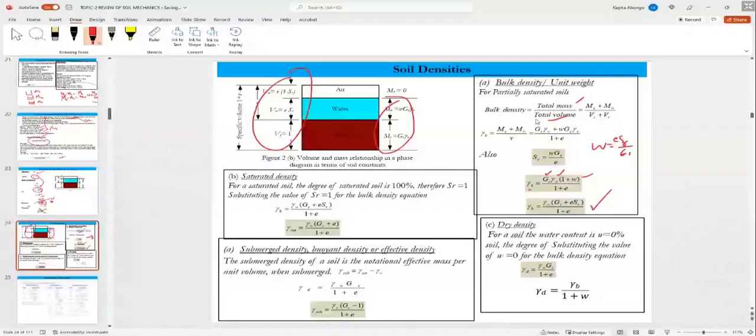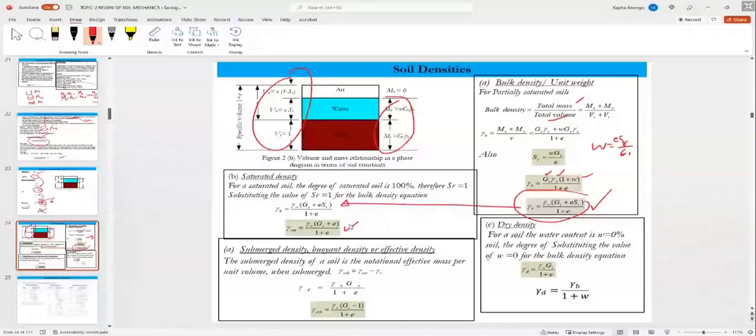Okay, that's one. Next is the saturated density. Look at this equation right here. The soil is saturated now, so S is 100%, or S is 1. So put that there, and that gives the saturated density.